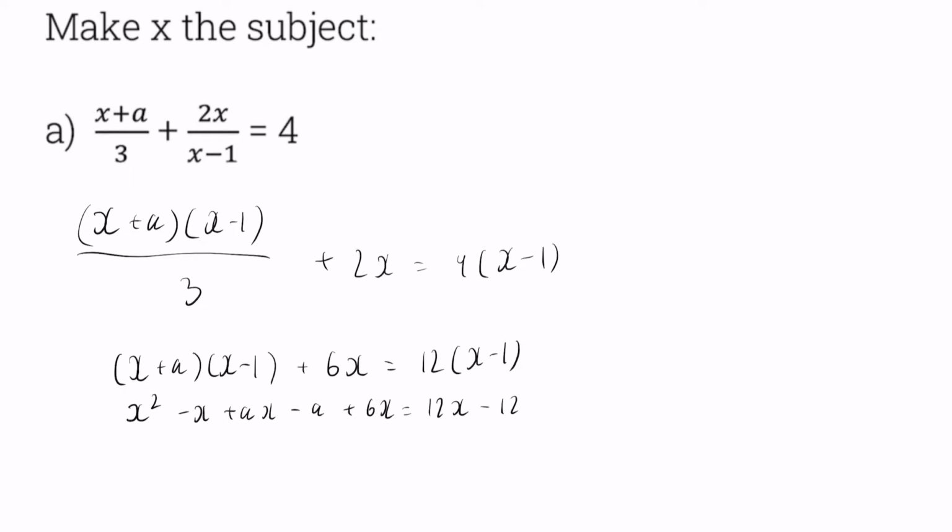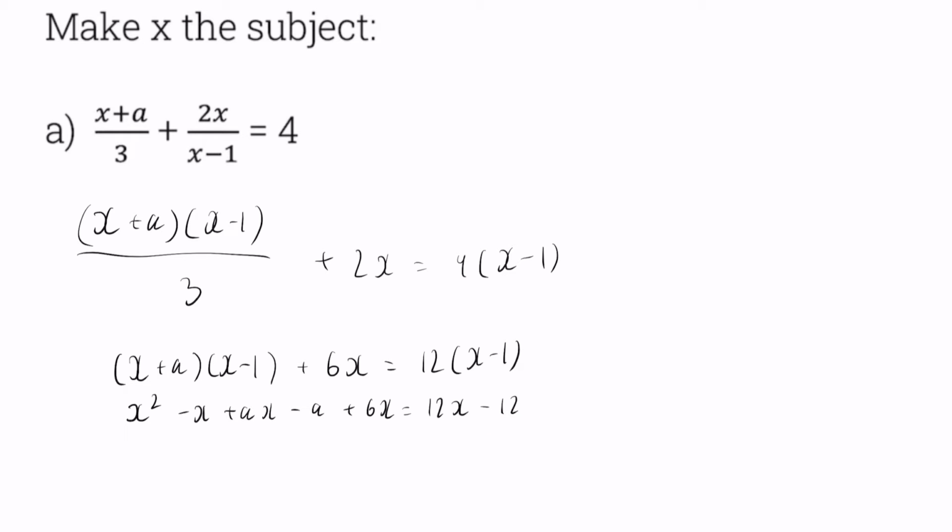Now let's move everything to one side in order to form our quadratic equation in the form of ax squared plus bx plus c. Any quadratic equation takes this general form. So let's do this. We move the right to the left. When moving 12x, it becomes minus 12x. When moving minus 12, it becomes plus 12.